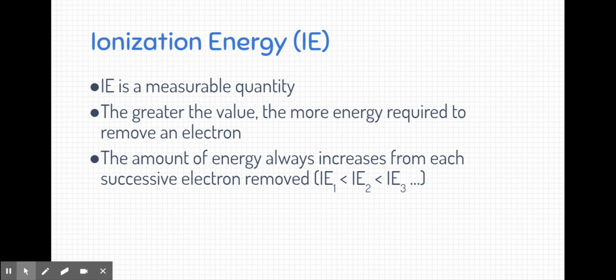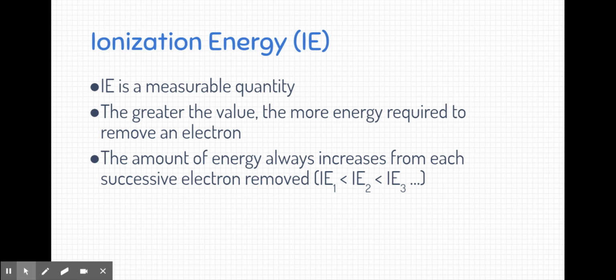One thing that we will look at is successive or multiple ionization energies. If you're trying to remove the first electron, going from an atom to a 1+ ion, that's referred to as IE1, one electron. That amount of energy is always less than trying to remove the second electron.